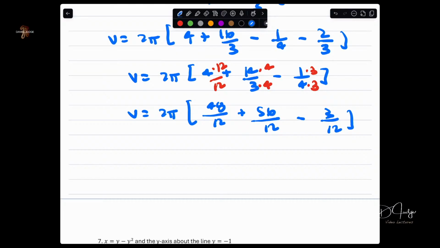Hopefully that adds up. What is that? 48 plus 56 minus 3 is 101. 2 pi times 101 over 12.